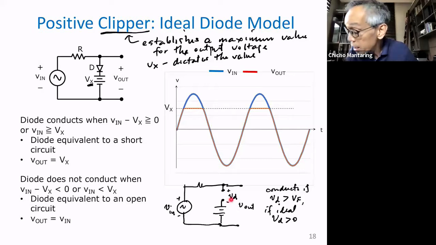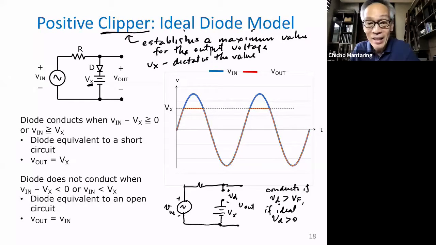But what is V of D here? Okay, who can tell me what V of D is here? Anyone? All you have to do is do a KVL here. Ano yung value ng V of D? Actually, nandyan na sa slide actually. No?